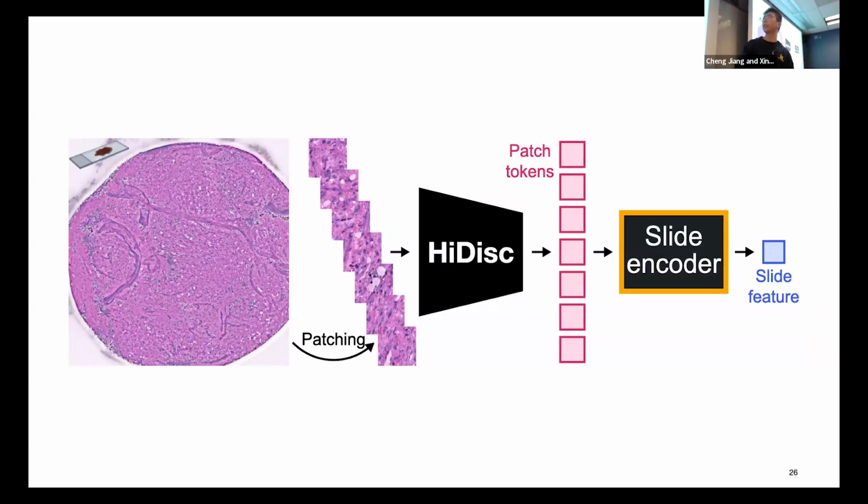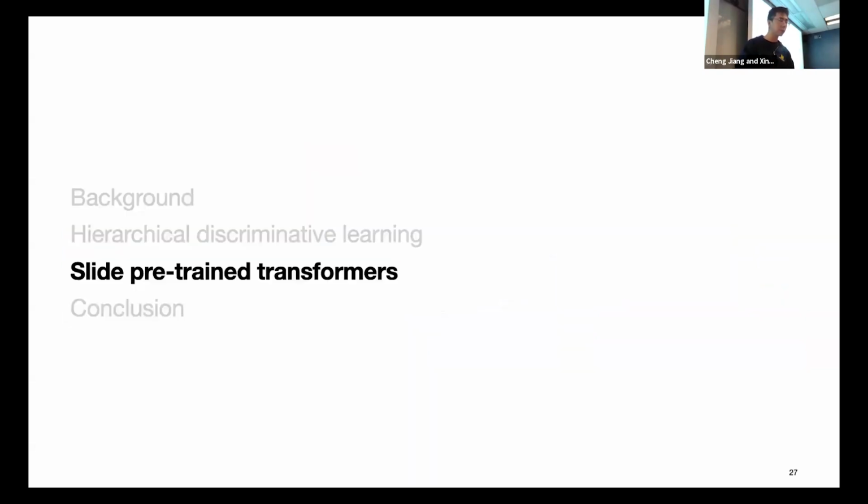So the next stage is, after we get these very high quality patch tokens from the patch encoder, how do we have a slide encoder that can first aggregate all those patch tokens into one slide feature, and also potentially be a task-agnostic slide encoder, not specifically trained for any of the tasks. So here is what we propose.